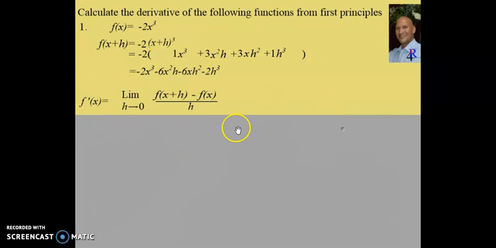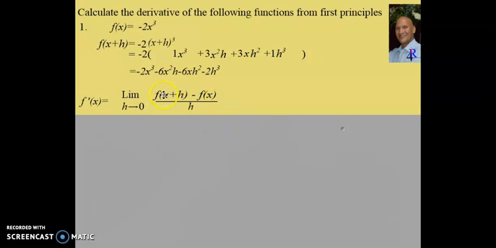Now I write down my formula. F prime x is equal to the limit of f of x plus h minus f of x over h as h tends to 0. Now f of x is -2x cubed, right?